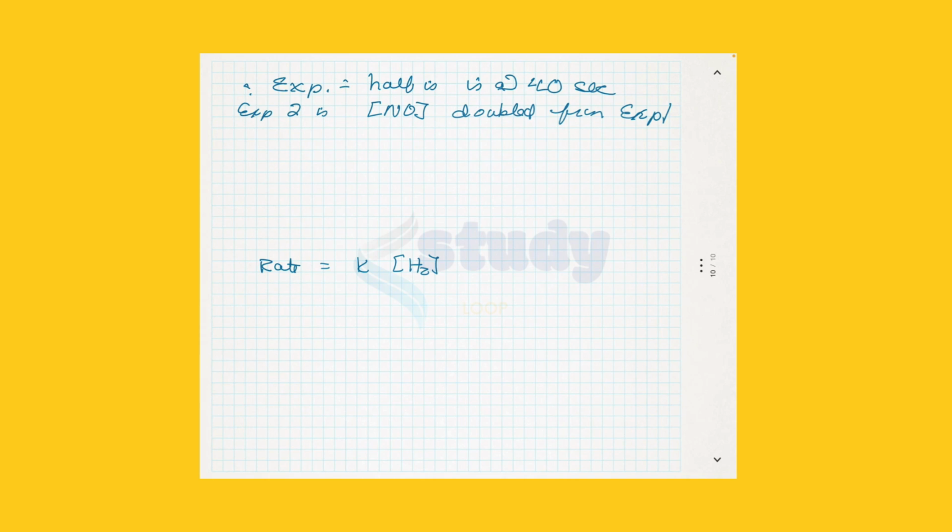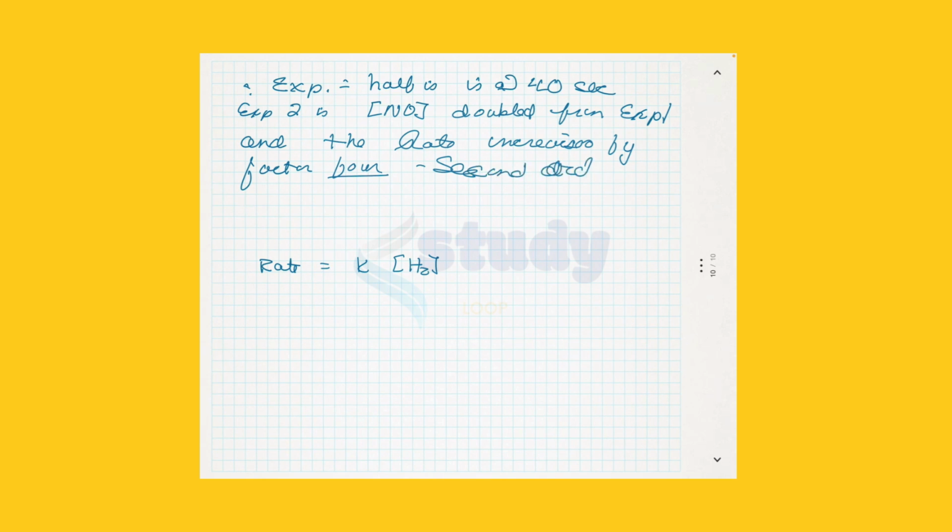And we can see that, from that, the rate increased by a factor of 4, which means that this has to be second order in the NO. So it'll be [NO] second order. So there's my answer for A.